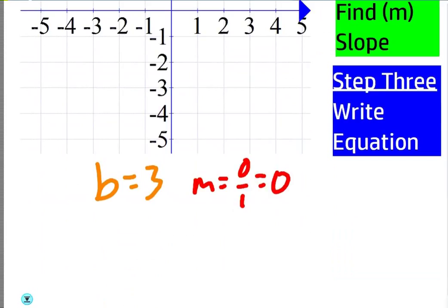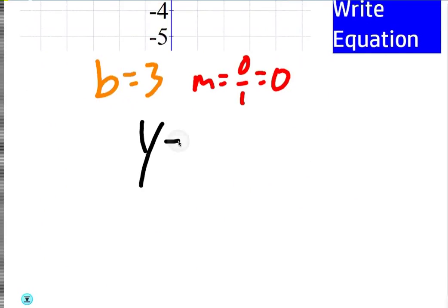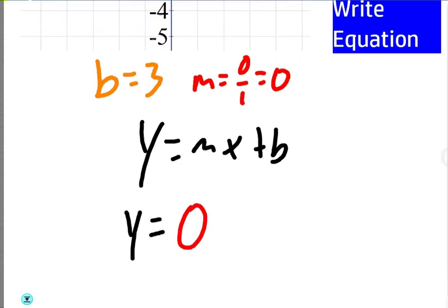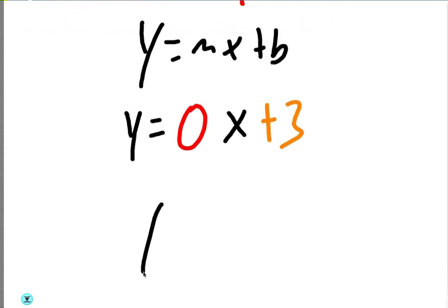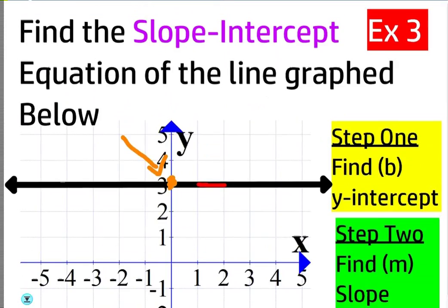So you have y equals mx plus b, so y equals 0x plus 3. Now what does that simplify to? y equals 3. So here's the shortcut. If it's a horizontal line, you just look at what that y value is, and that gives you the equation for the line.